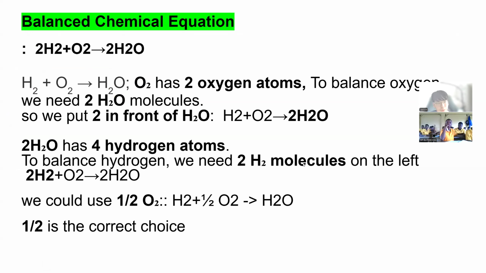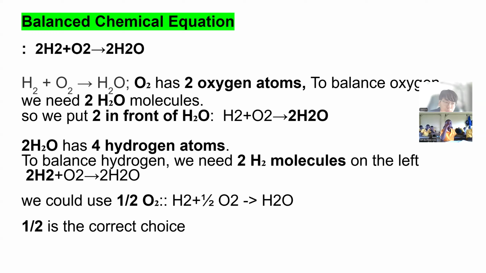About balancing chemical equations. So we have H2 plus O2, which equals H2O. O2 has 2 oxygen atoms, and to balance oxygen, we need 2 H2O molecules.